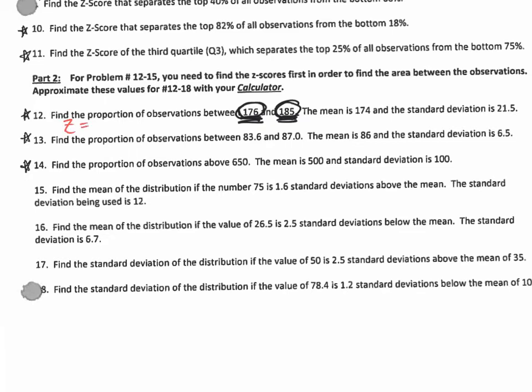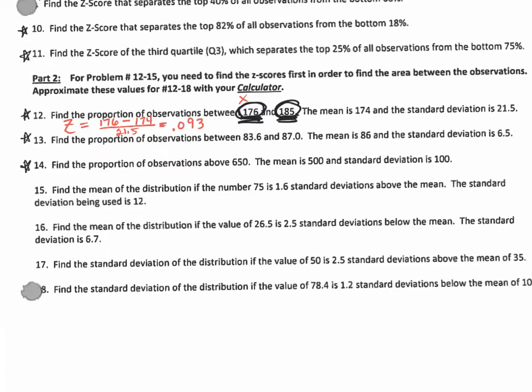The first one, this is your x value for the first problem, is 176 minus the mean of 174 over the standard deviation of 21.5, and that gives you a z-score of 0.093.